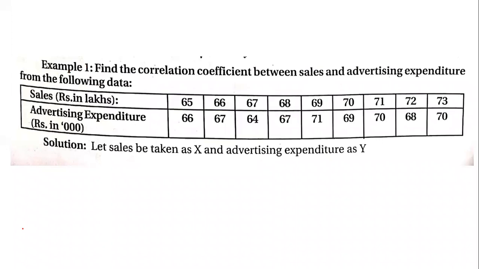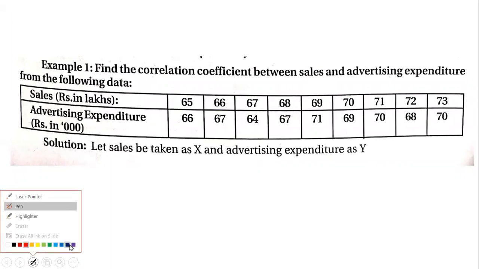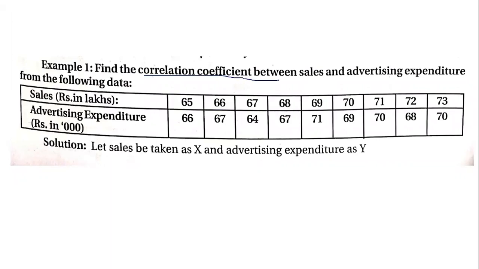Now look into the problem. Find the correlation coefficient between sales and advertising expenses. So there are two factors that we would see.